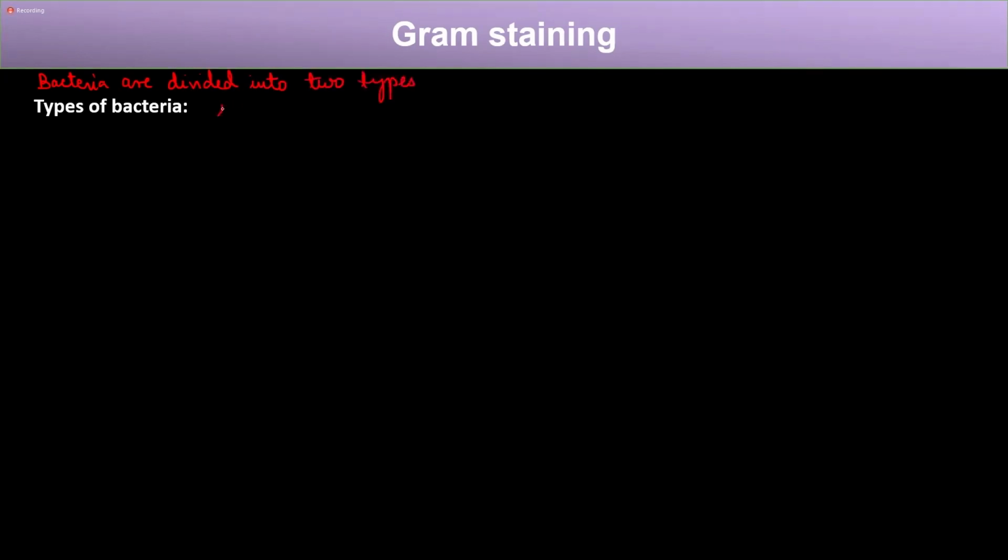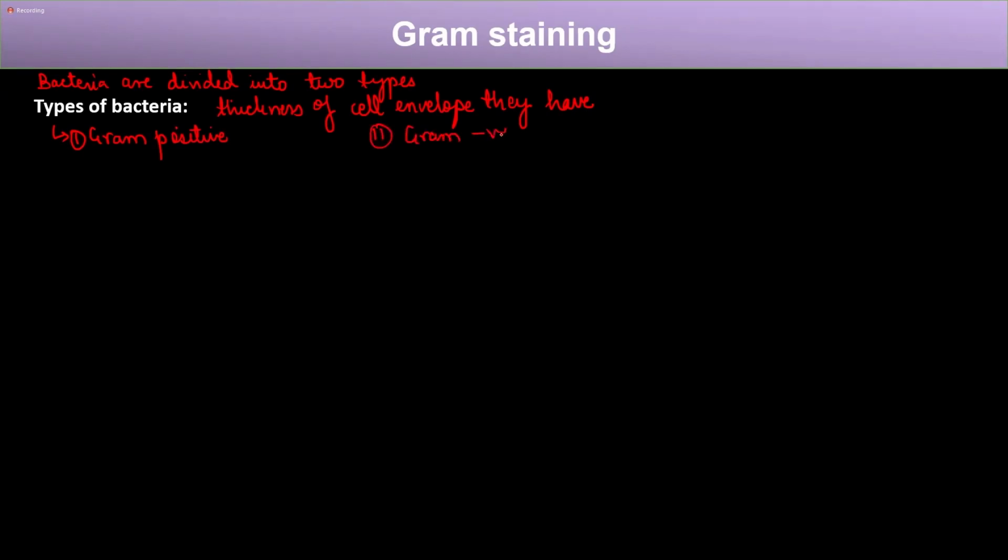On the basis of the thickness of the cell envelope they have. I just told what the cell envelope is; it has three components. These two types are gram-positive bacteria and gram-negative bacteria.